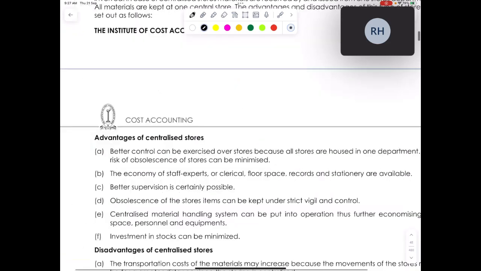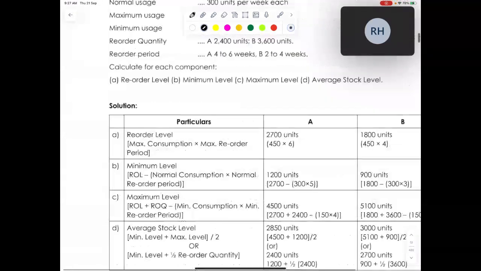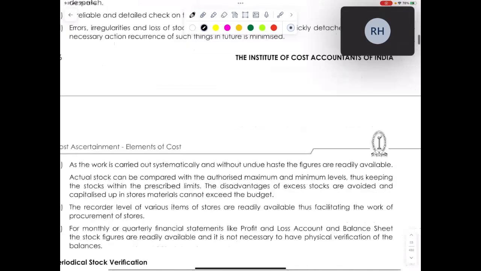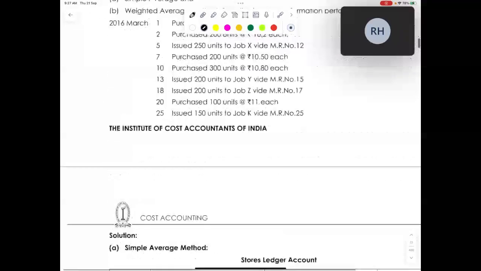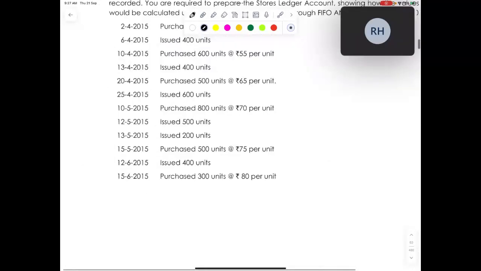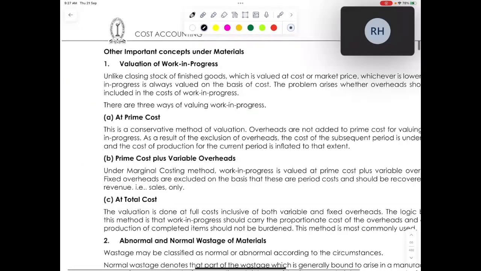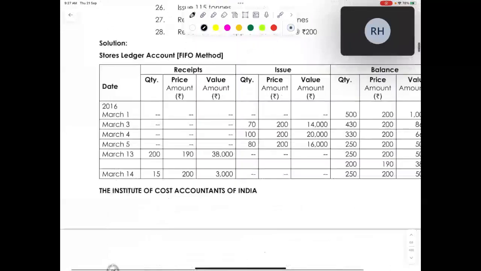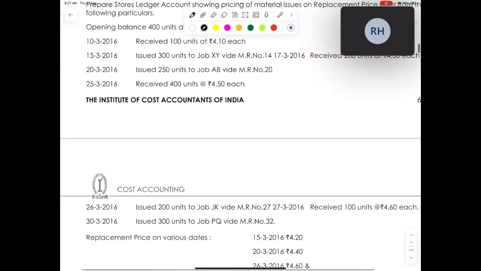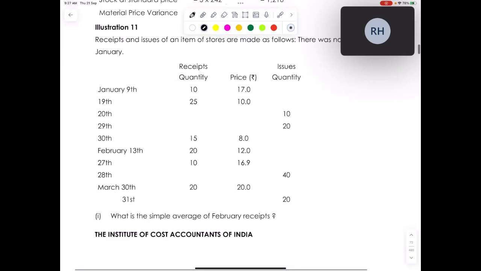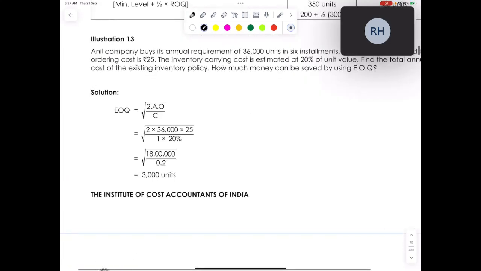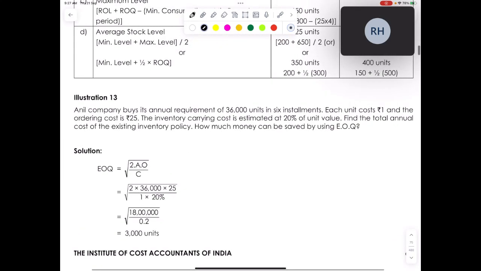Now, there are some good questions on this particular topic, EOQ and ROQ. Let's first discuss those questions and then we will move further. Okay, this is a good question.